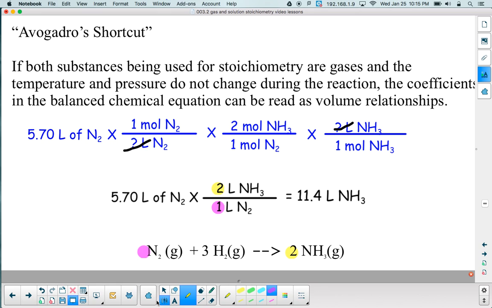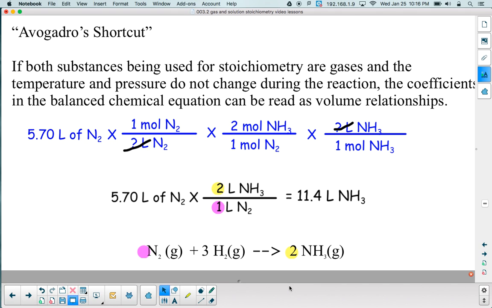And we can go directly in one step. 5.70 liters of nitrogen. I will get 2 liters of ammonia for every 1 liter of N2 that I have invested, and I come right back to that same answer of 11.4 liters of NH3.